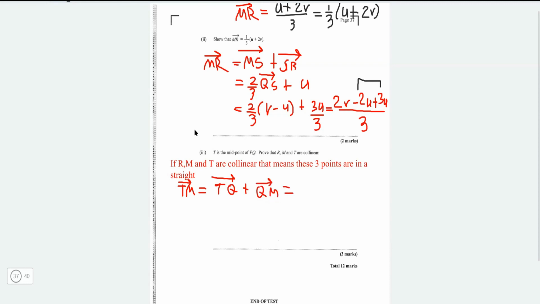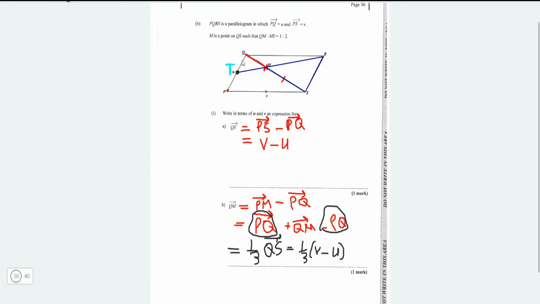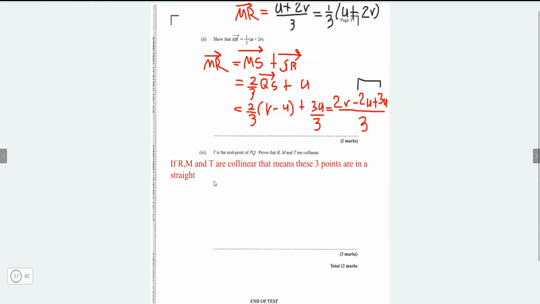If the whole of this is U, then TQ is a half U, since this is the midpoint. This is a half U right here. So to go from T to Q is a half U.